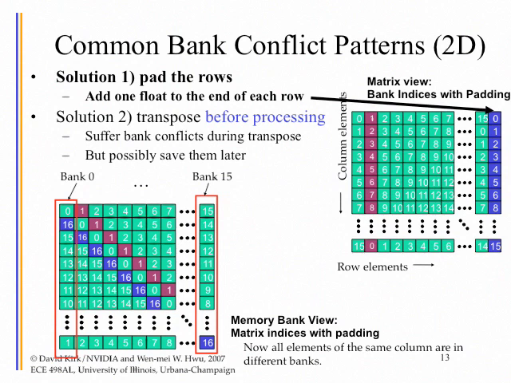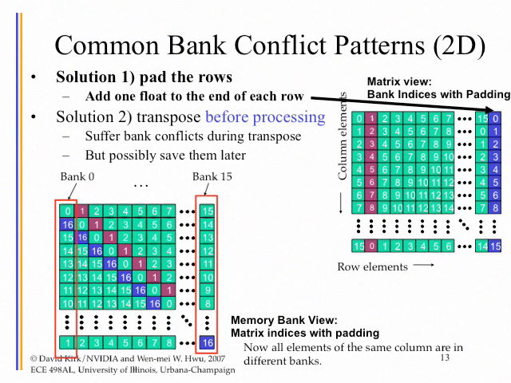And that will not cause any bank conflict. There are pros and cons of each approach. The benefit of the second approach is that you don't need to waste storage resources, because with padding you will end up using 17 elements in each row to store only 16 elements. Usually that's not a very desirable situation, especially when the storage becomes scarce.